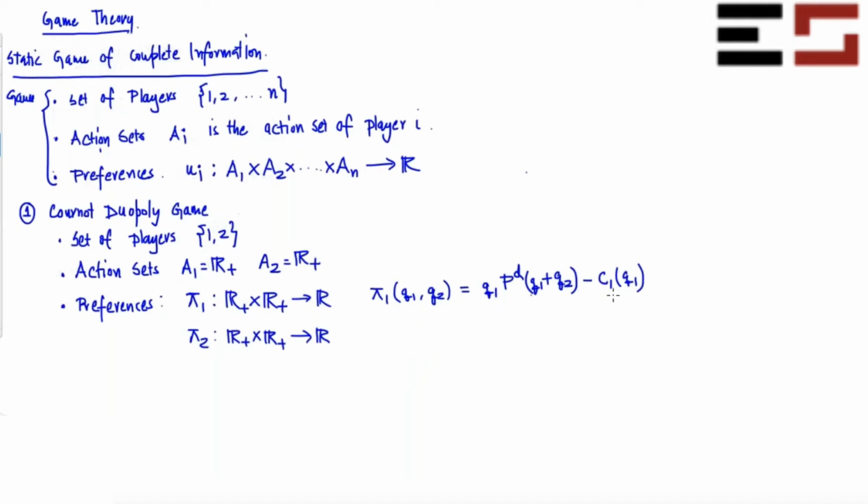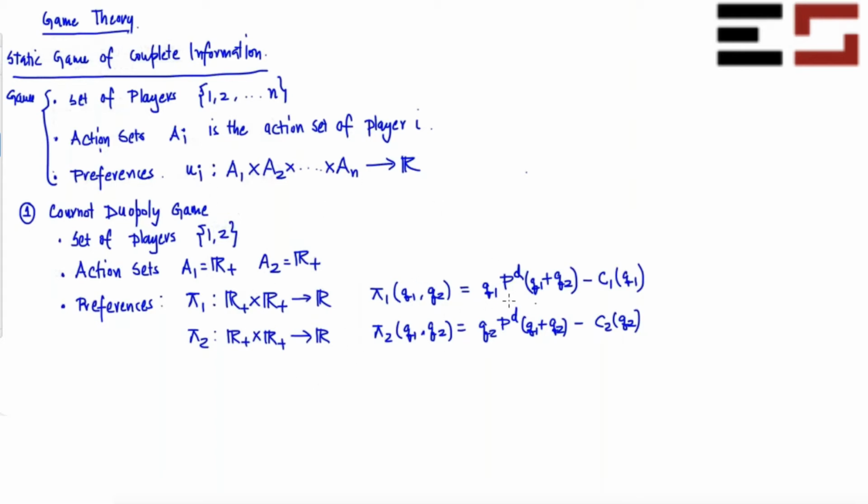As I've told you, all this data will come from the problem that is given to you. Similarly you can write the profit of firm 2, which is q2 times p_d of q1 plus q2, minus c2 of q2. This completes the description of the Cournot duopoly game.